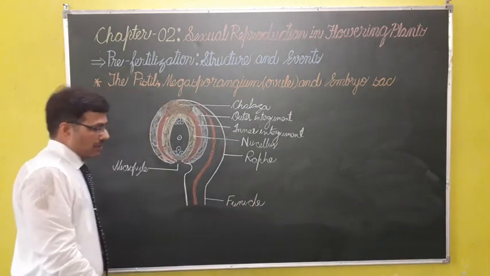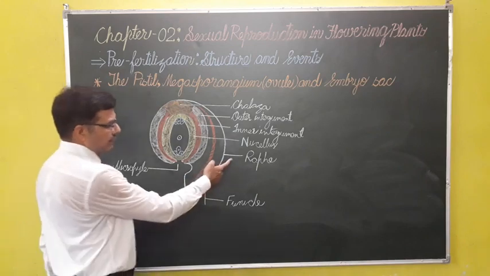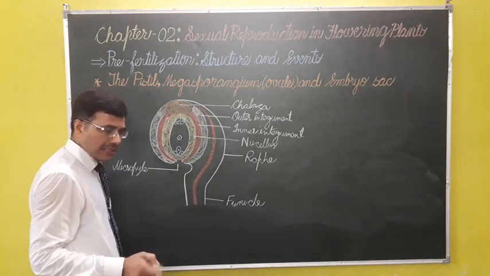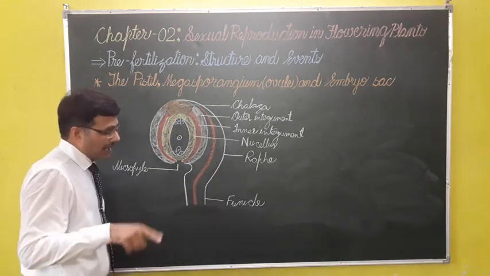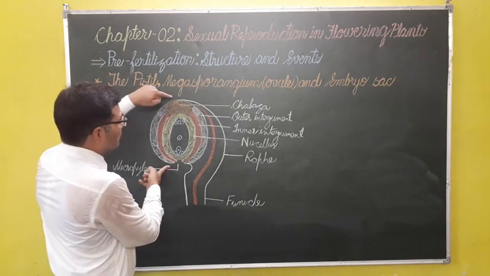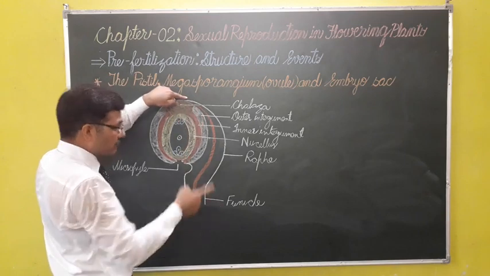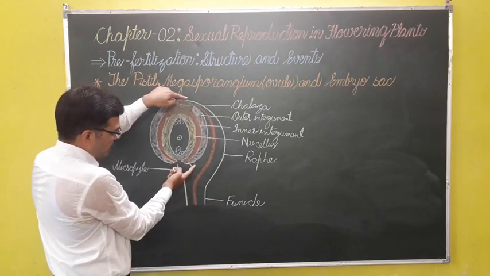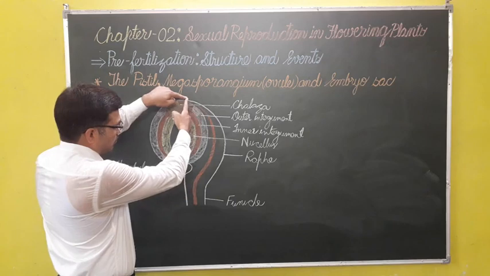Students, pay attention here. Actually, the raphe is not different from the funicle. It is the funicle, but it is that part of the funicle which is attached with the body of the ovule, from here to this pole.